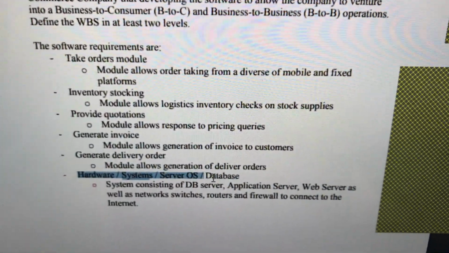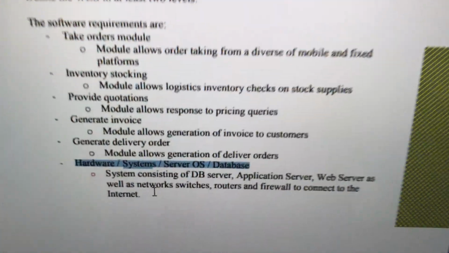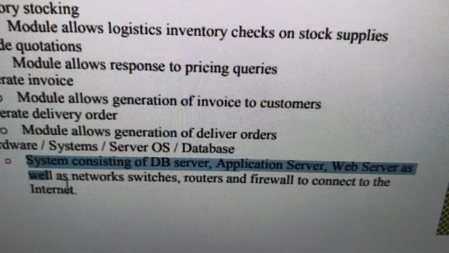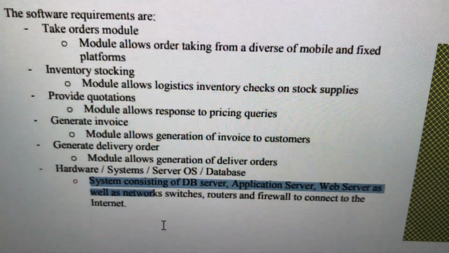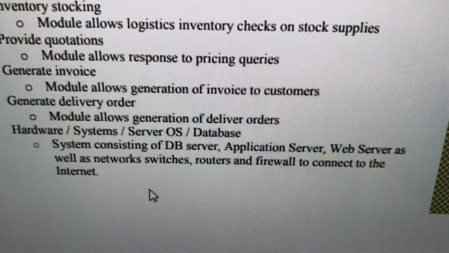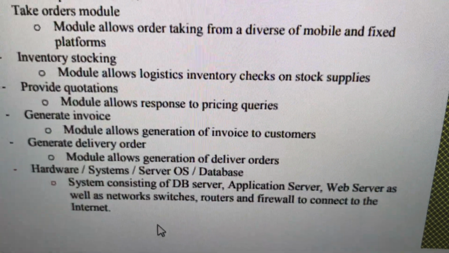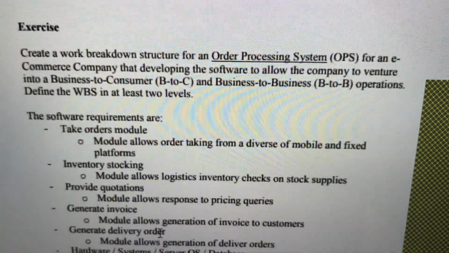Hardware systems: server, OS, database. You need the database to connect all the data. A system consisting of database server, application server, web server, as well as network switches, routers, all the infrastructural components, right? So this is, in brief, the scope of the order processing system.